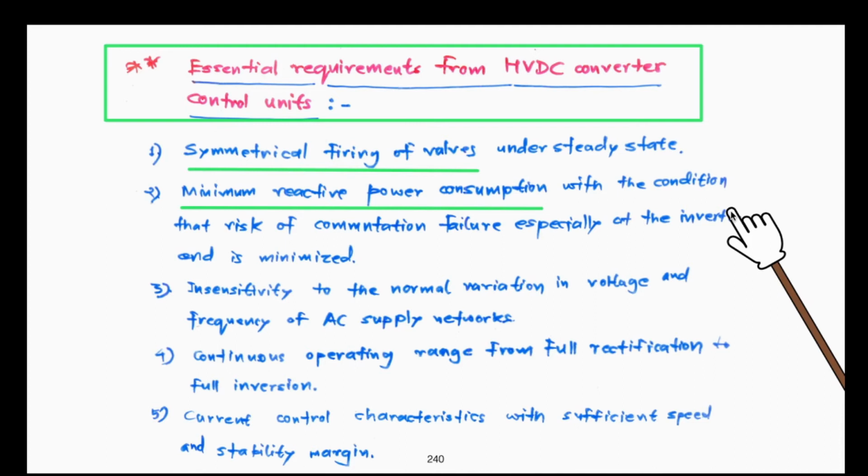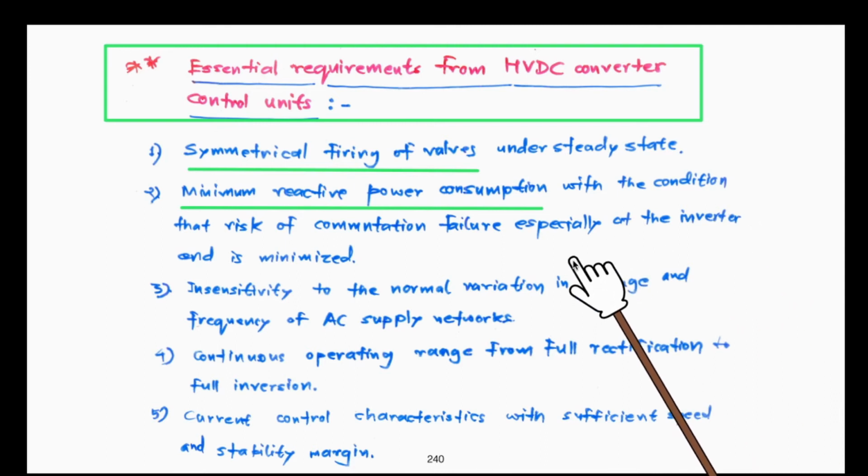Reactive power consumption is not good for the AC network. As reactive power is consumed, we know that the line loading will increase for the same amount of active power delivered. So it is undesirable to go for reactive power consumption.